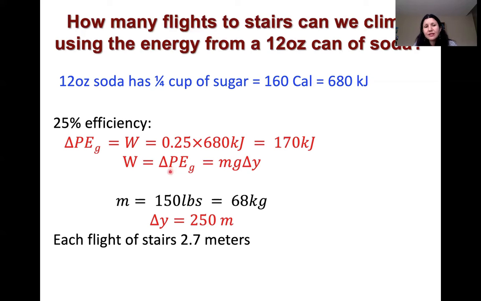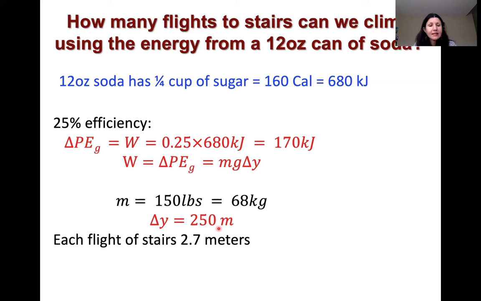Remember, this equals mg delta h. In this case, we use y. It doesn't matter what variable you use. So you plug in 68 kilograms here. This is 10. And then you divide 170 by 680, and this is kilojoules, so you have to multiply by 1,000. So you do all the math and you find it's about 250 meters.